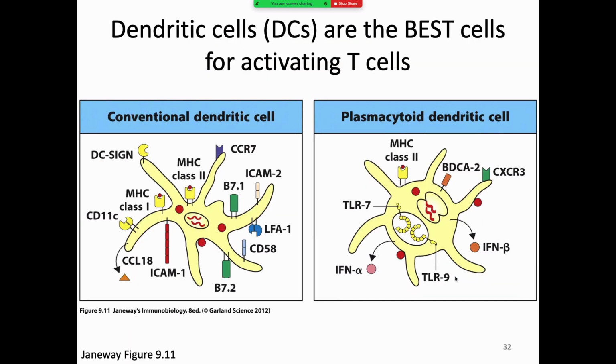As a result, dendritic cells are by far the best cells for activating T cells because they have so many proteins on their surface that can give signal 2 or other signals to help out the T cell receptor signaling. And so dendritic cells are the all-stars at turning on T cells.